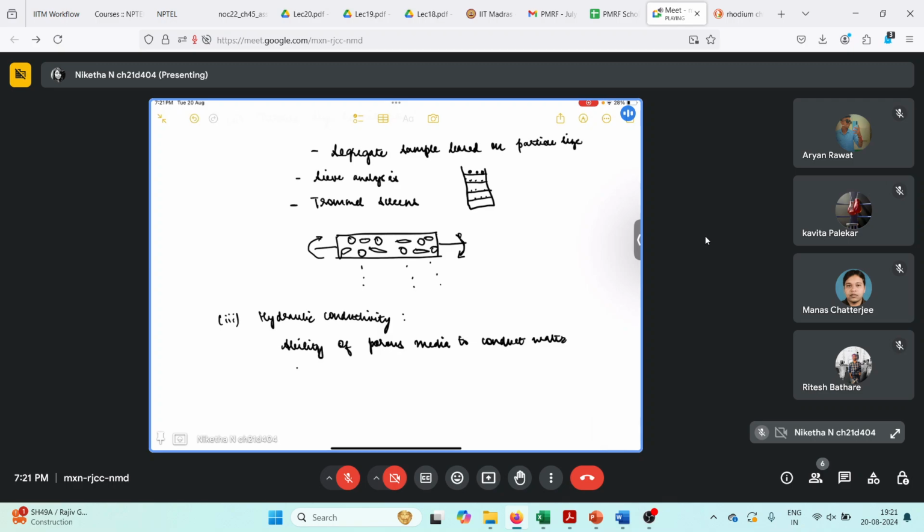And this will be affected by the size of the pores, particle size, etc.